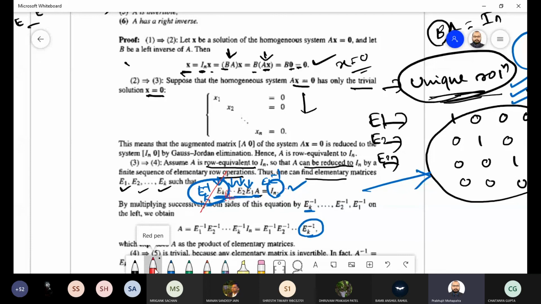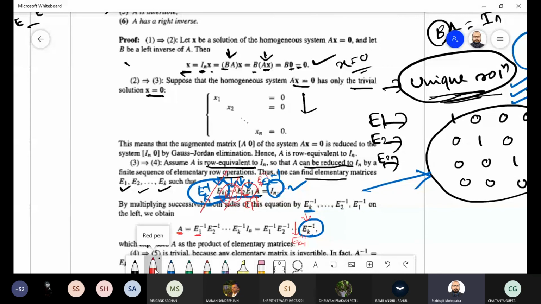E(k-1) inverse into E(k-1) will be the identity matrix, and here you will have Ek inverse, then E(k-1) inverse. Similarly, up to E1 inverse you can multiply. E1 inverse into E1 becomes the identity matrix, so only A will be on the left hand side, and on the right hand side you will have E1 inverse and so on.